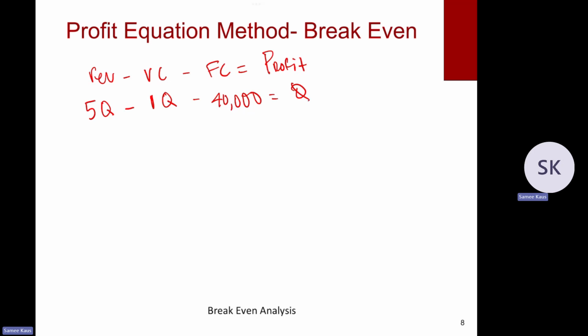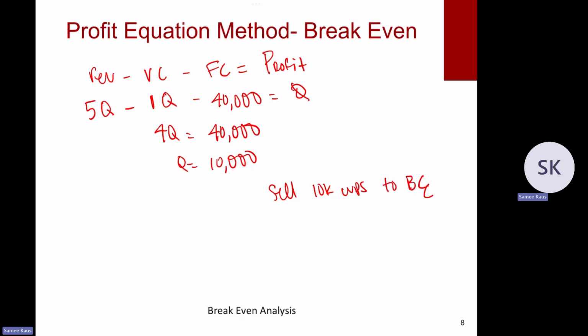So if we do a little bit of math manipulation, I will have 4Q equals 40,000, Q equals 10,000. I need to sell 10,000 cups of coffee to break even. That is what I should take away from this analysis.